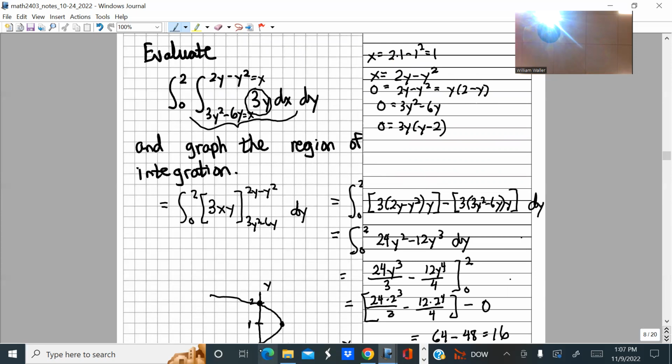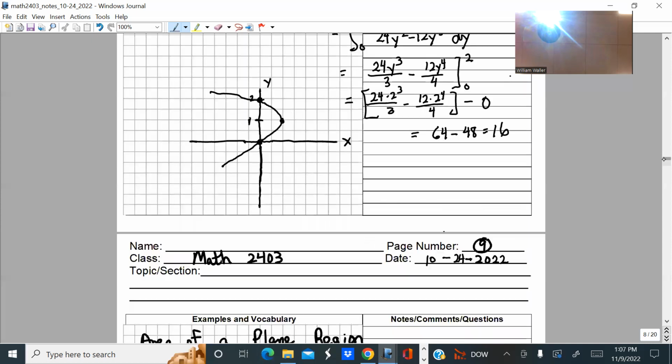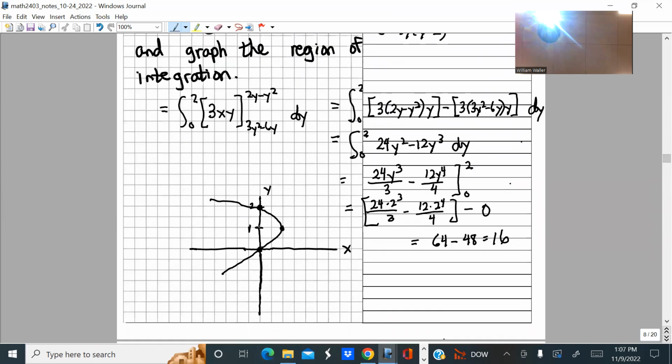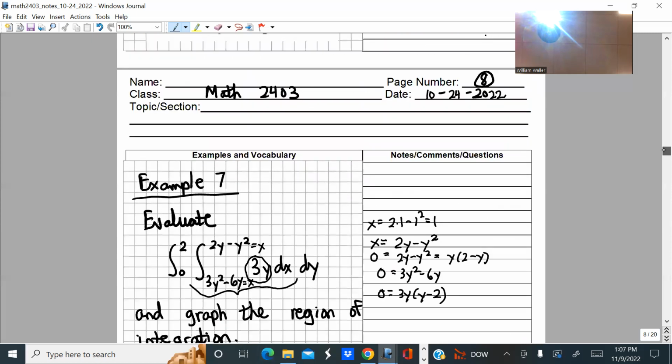intercepts for this parabola. And so we know this is the one opening to the right, right? So we know its vertex also must be at y equals 1. And when you plug y equal 1 into this equation, what do we get? We get x is equal to 3 times 1 squared minus 6 times 1.